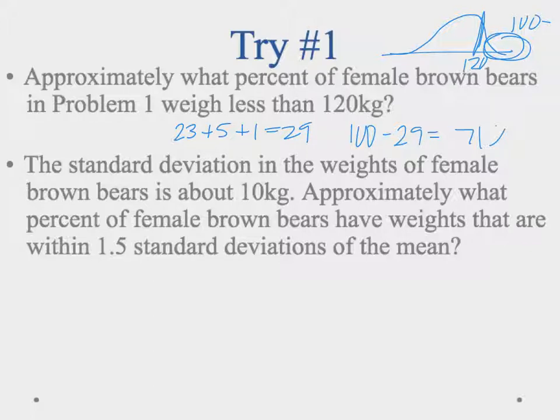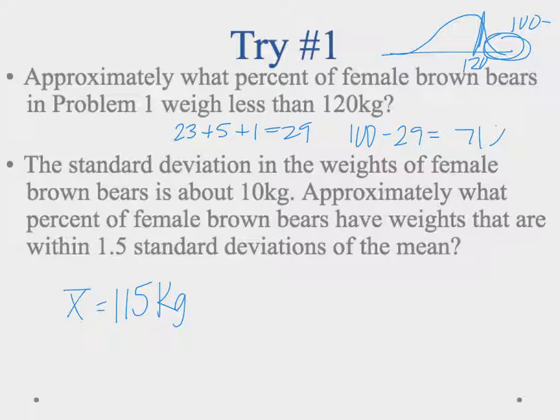Remembering that they said the mean was 115 kilograms, if we wanted to approximate the percent of female brown bears within 1.5 standard deviations, and we know that the standard deviation is 10, we're really now adding.